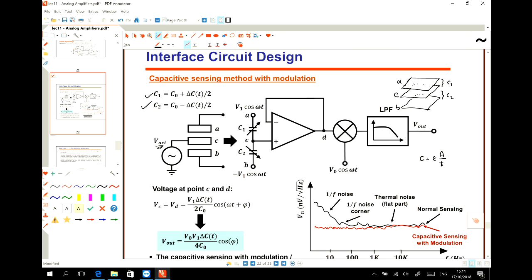So we have C1 and C2, in series. C0 is the nominal capacitance of each, so C1 is C0 plus a change, and the sum C1 plus C2 is 2 C0.